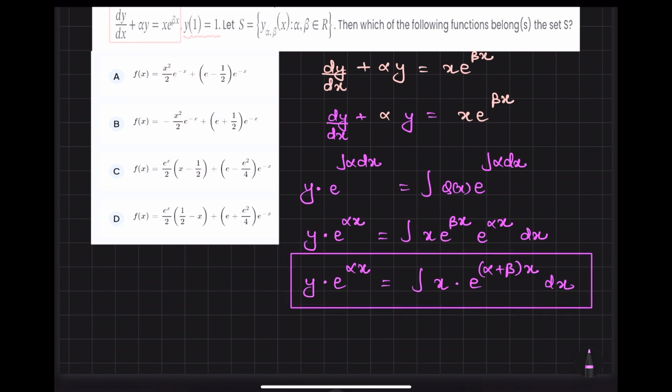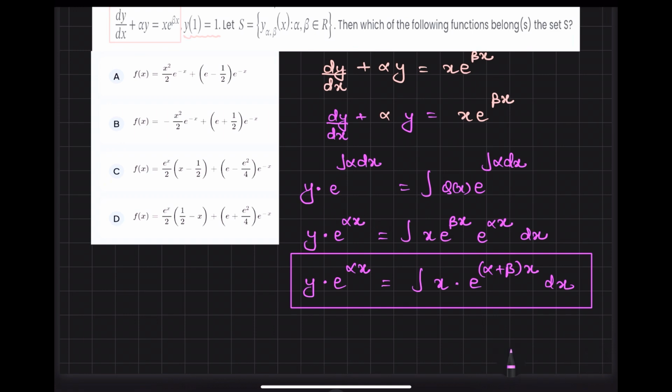If we do the integration, we know how to handle this situation. My point is that it truly depends upon this function. Suppose we have e power 0, then we have to integrate x, and if e power anything else, then we have to apply integration of uv, that is, integration by parts.